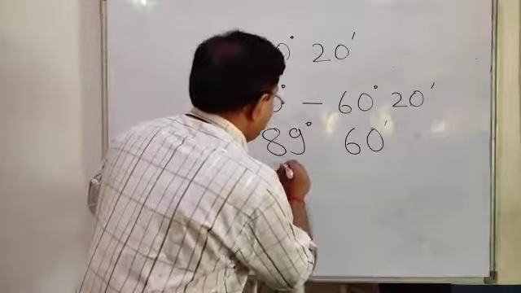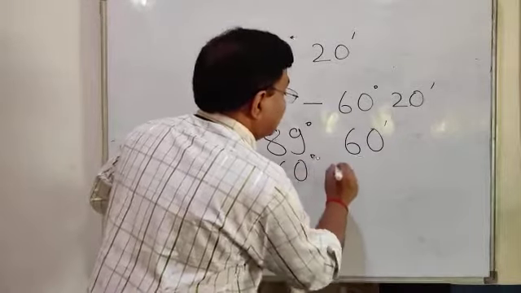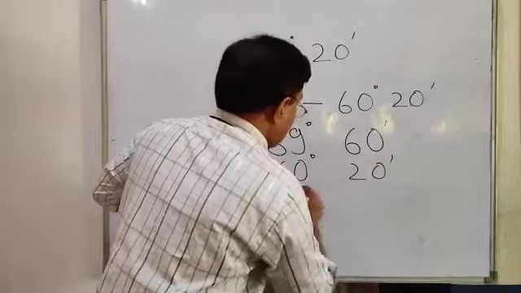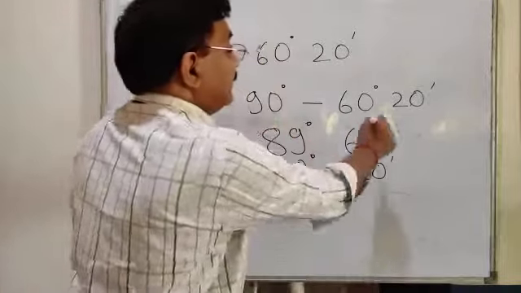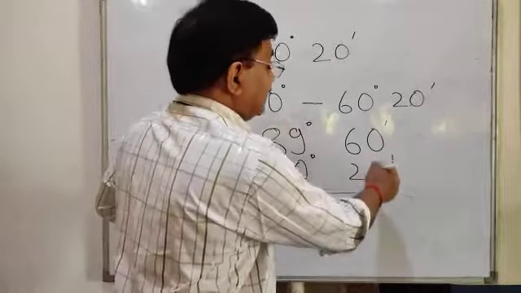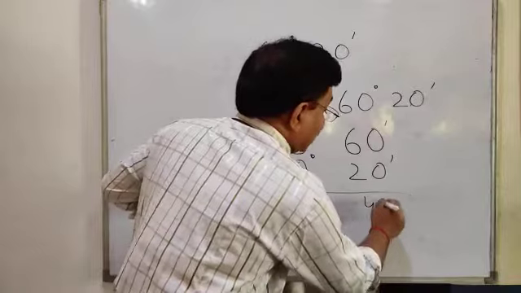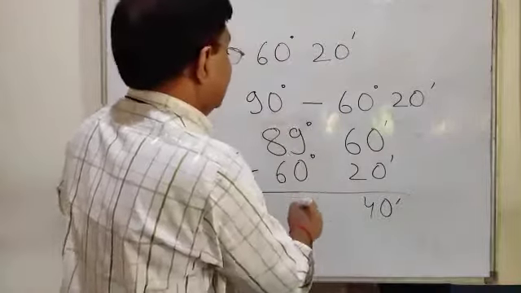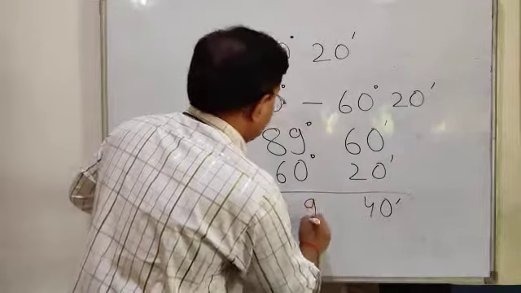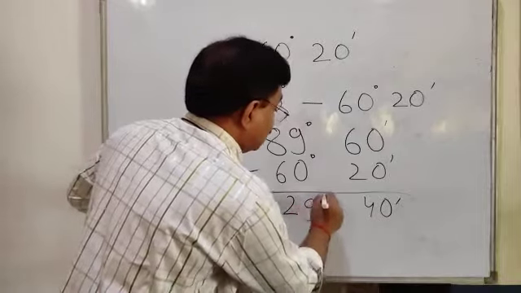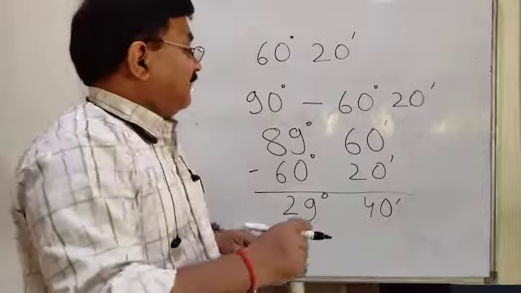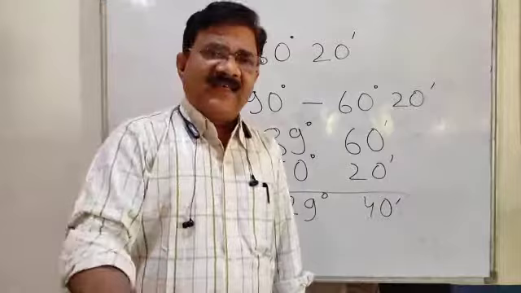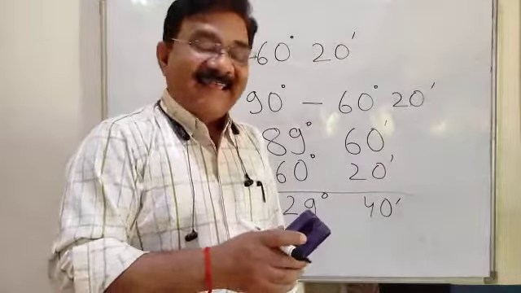Now it will become easy for us to subtract. 60 minutes minus 20 minutes will be 40 minutes, and 89 minus 60 is 29 degrees. So 29 degrees 40 minutes. Same is the case with the seconds.